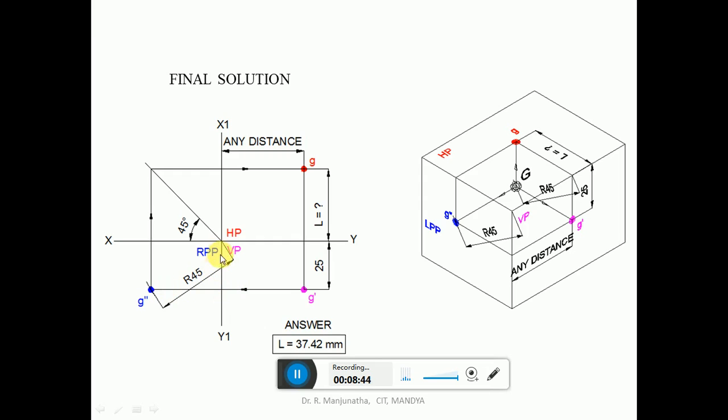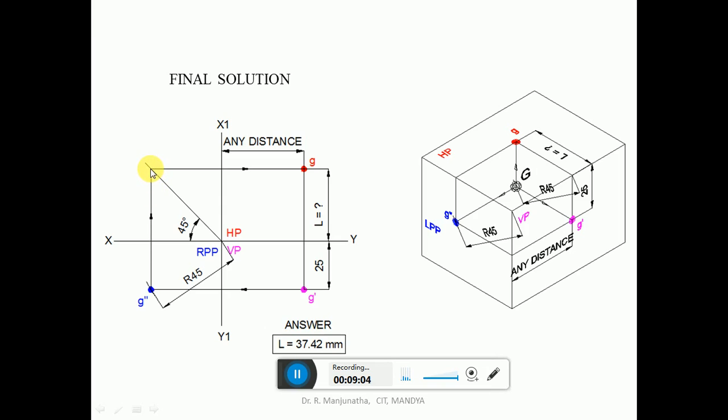So draw a 45 degree line adjacent to HP. Then you project the vertical projector from G double dash to the 45 degree line, so you get this point here. Naturally this horizontal distance, which is behind VP, is transferred into the vertical distance of behind VP.